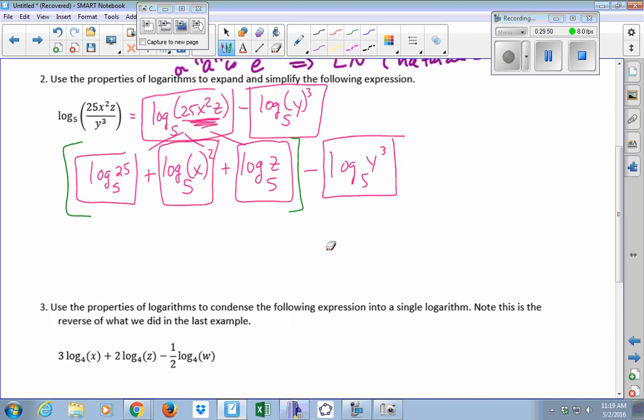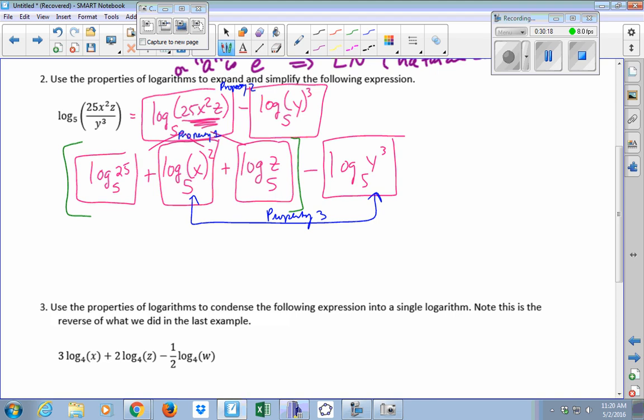We'll write them right above it at each step. So the first thing I did was I used property 2. Right here, property 2. Then here with all these arrows, I used property 1 to get each of these individual terms. And now on these two, I'm going to have to use property 3.